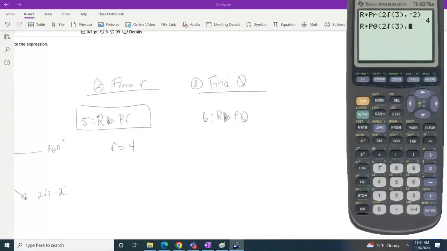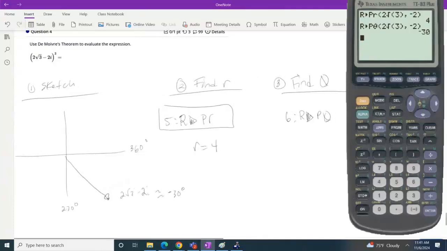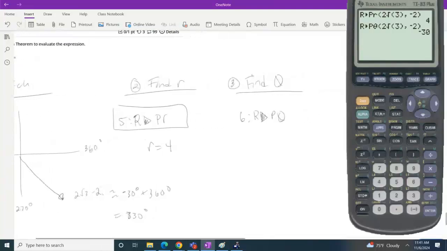Close off its square root. My y value is -2. If we hit enter, we get -30 degrees. It is in the 4th quadrant, the only thing is that it's negative. So I can re-express it as a positive angle by adding 360. So I have a 330-degree angle.